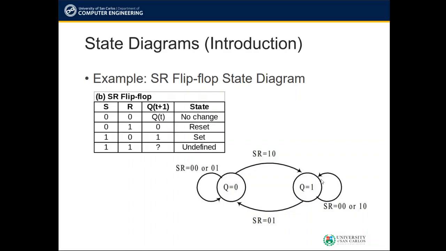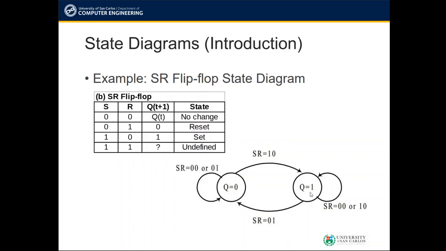And then on this state, this is now your current state. If the current input in this state is 0, 0 or 1, 0, then for 0, 0 that is no change, so it doesn't change. For 1, 0, it is a set, or 1, so the value of your Q next is the same as your Q present.